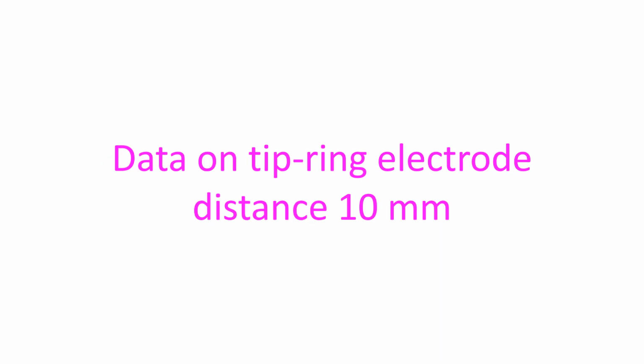Another report had studied 10 mm tip ring electrode distance at a time when 20 mm inter-electrode distance was also in use. They studied both FFRW and myopotential sensing in 66 patients. They noted FFRW sensing in 12 patients at an atrial sensitivity of 0.25 millivolt and an atrial blanking period of 50 milliseconds.